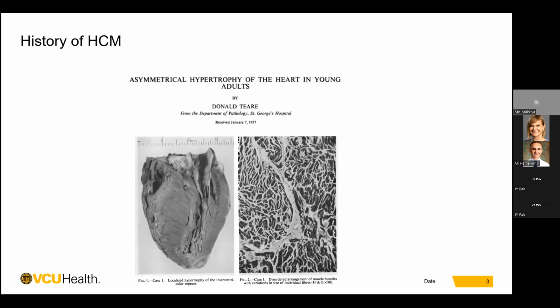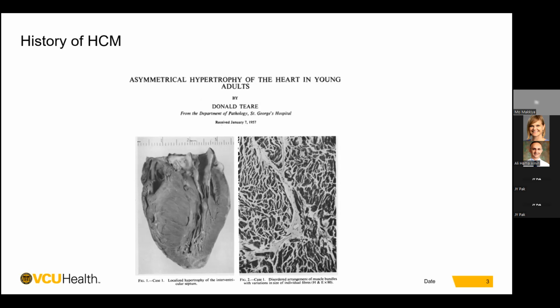Here we have it in this document, where he accurately described hypertrophic cardiomyopathy and the so-called myocardial disarray. And till now, this is an accurate description of the disease.